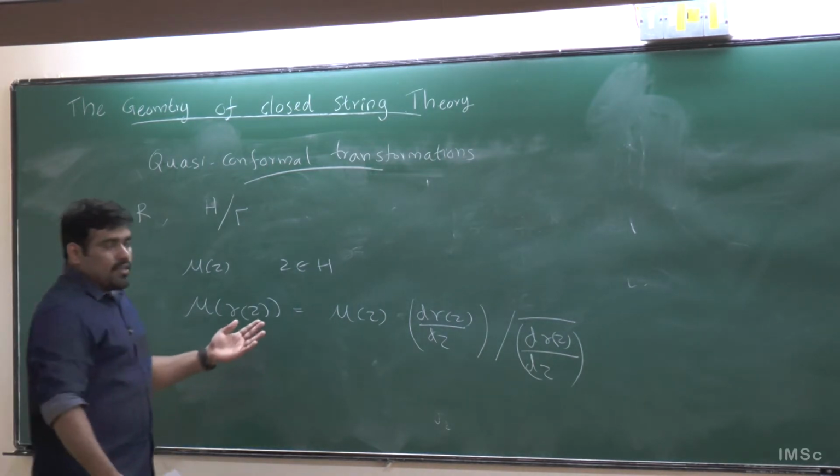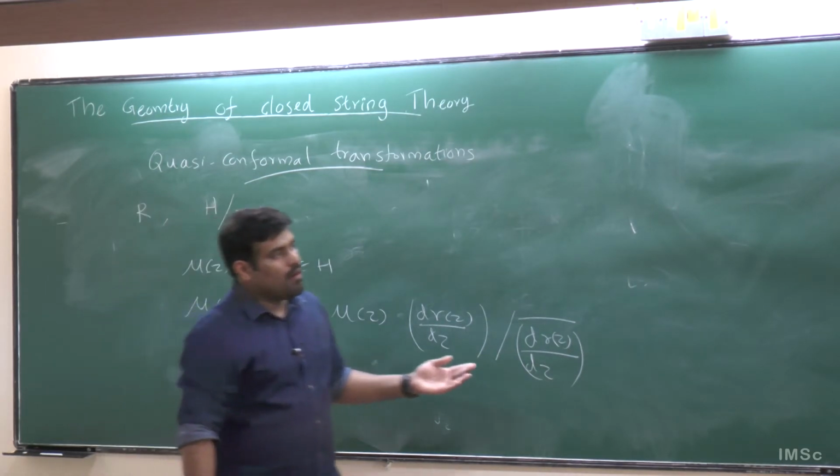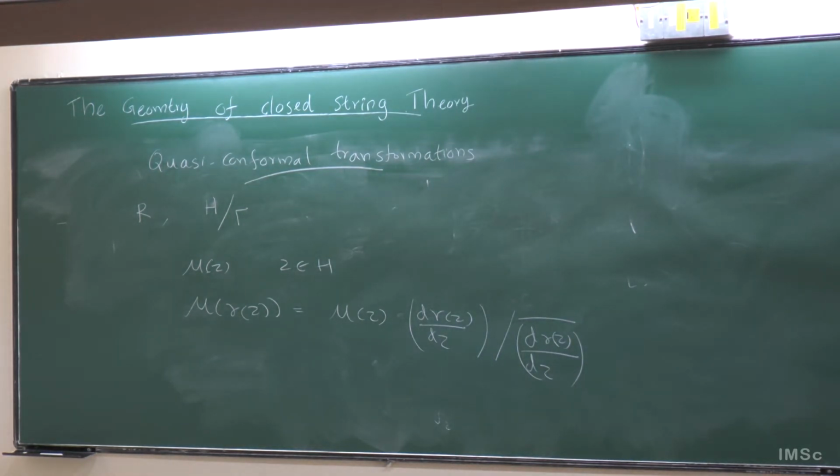So you are just saying that. What gives you this kind of composition law? So you can look into this definition, see how this is transforming with respect to C, right? Under C going to gamma C. So you can see that this object is actually a differential, not a function.